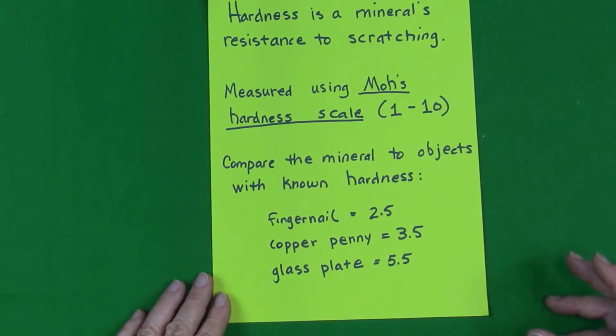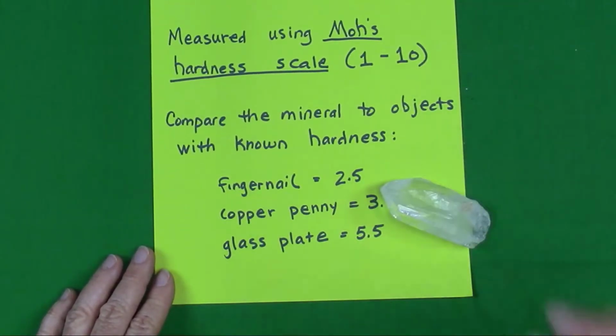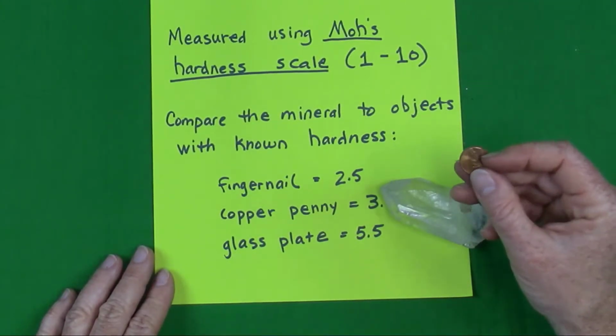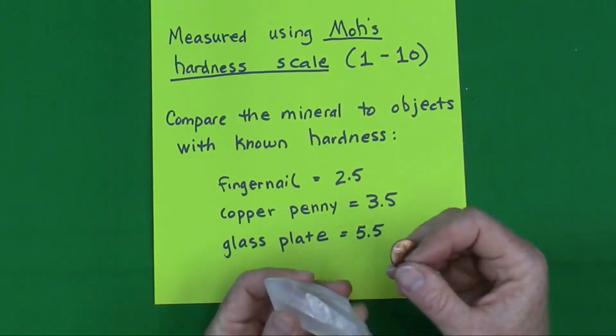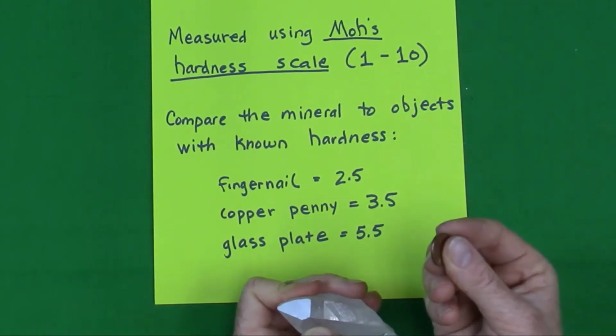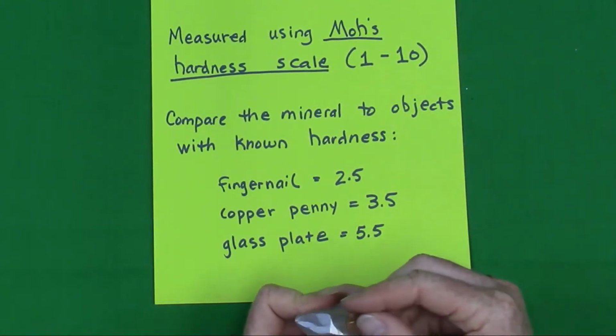So how do we test for hardness? If we have a mineral and we want to figure out how hard it is, you can use an object with known hardness, for example, this penny with a hardness of 3.5. And we can try to scratch the mineral. So what I'm going to try to do is take an edge of the penny and produce a single scratch on the surface of the mineral.